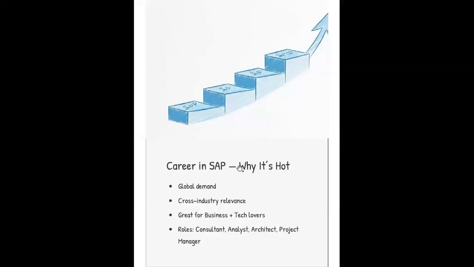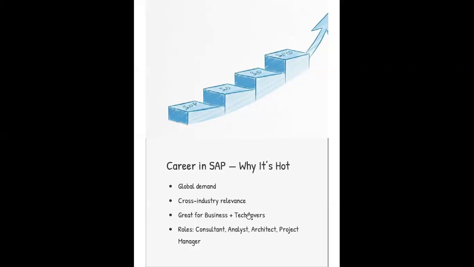So, a career in SAP is hot because it is in global demand and has cross-industry relevance, whether the industry is healthcare, education, sales, manufacturing, or pharmaceuticals; all industries are using SAP. So that's why it is a hot topic. It is great for business plus tech lovers.